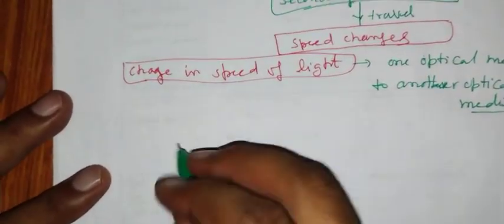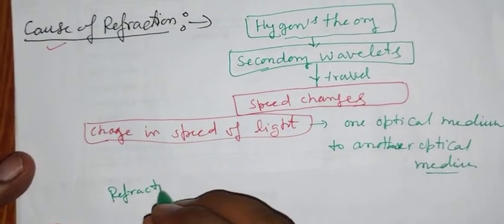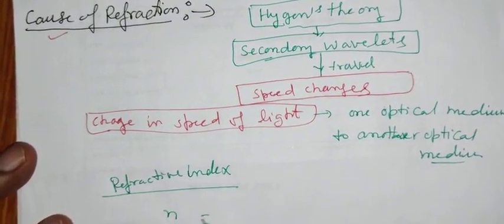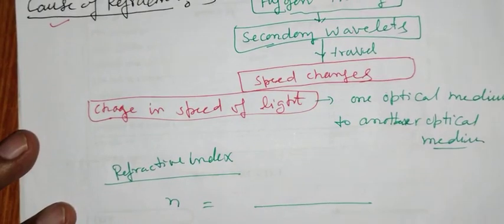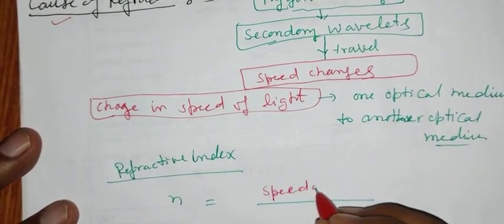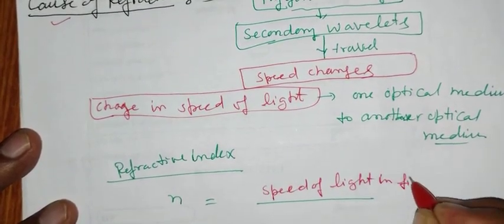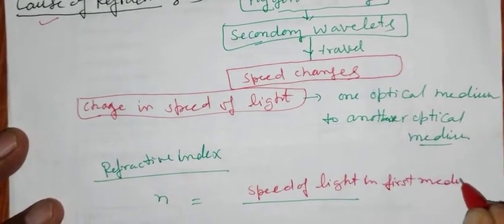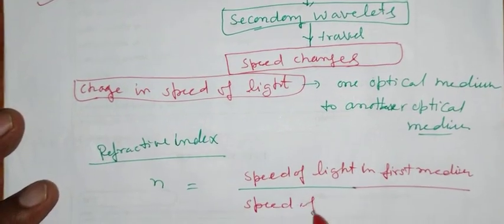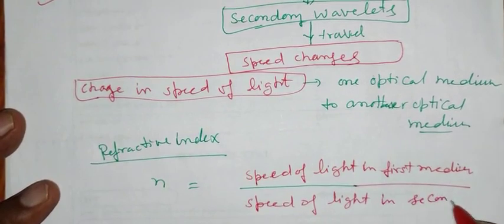See, it is the refractive index, n, defined as the ratio of the speed of light in the first medium to the speed of light in the second medium.